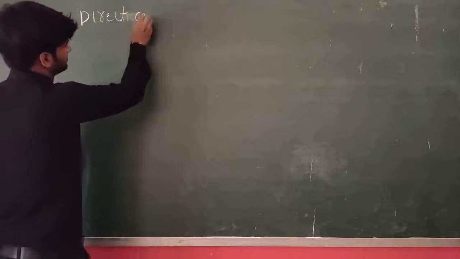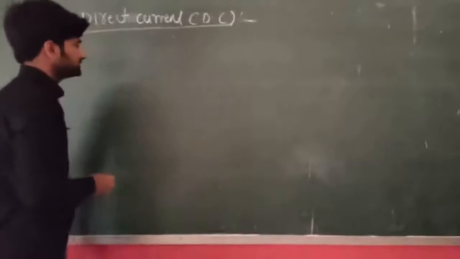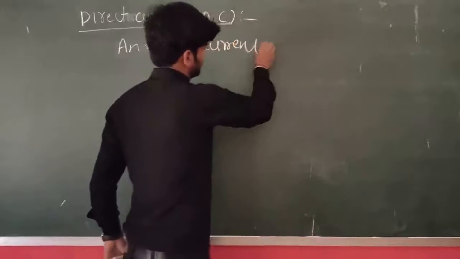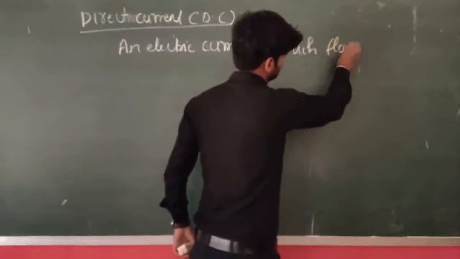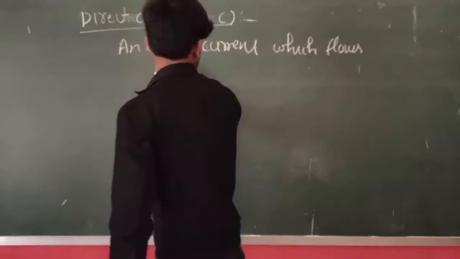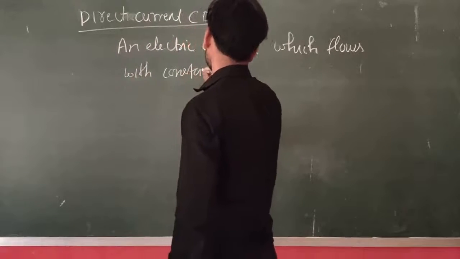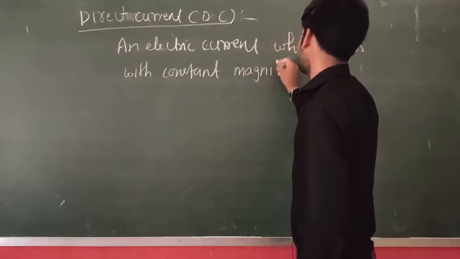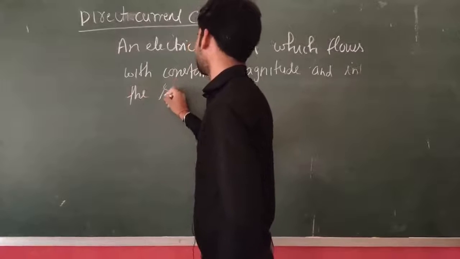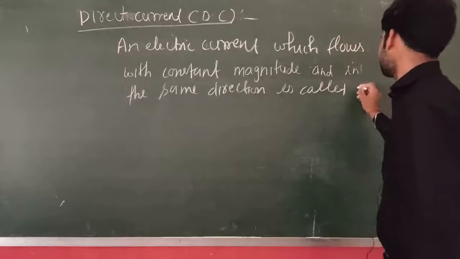Direct current, DC, and its definition is an electric current which flows with constant magnitude and in the same direction is called DC.